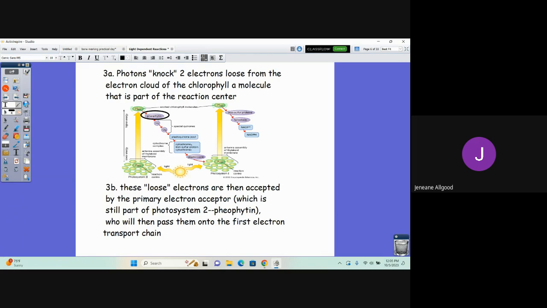We said that energy cannot be created or destroyed. It can only be transformed or transferred. So we are going to take that energy that those electrons are losing as they come down the chain, and we are going to use it for active transport to help hydrogen protons get actively transported into the thylakoid space. We'll get there.